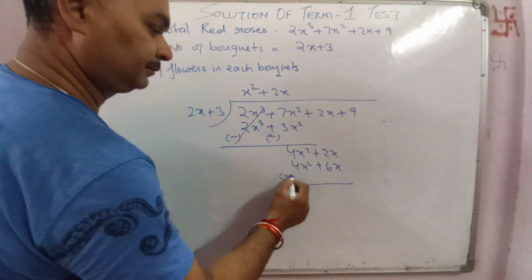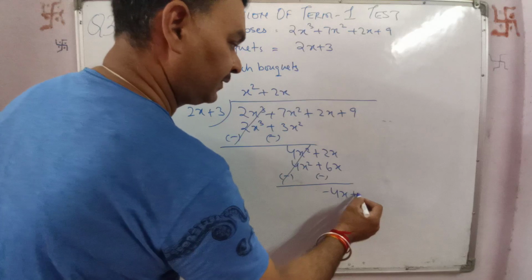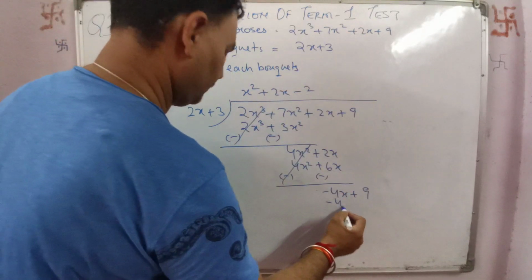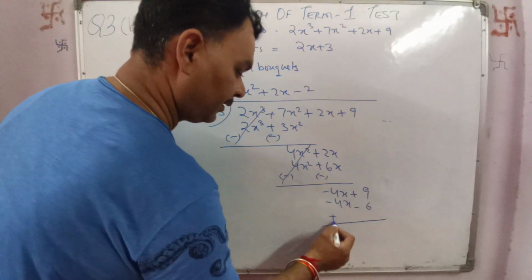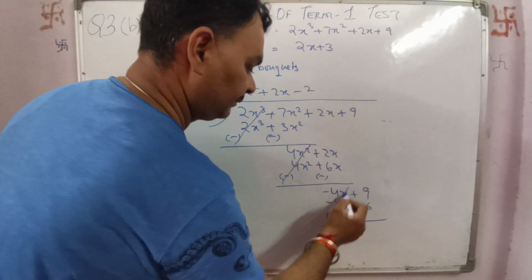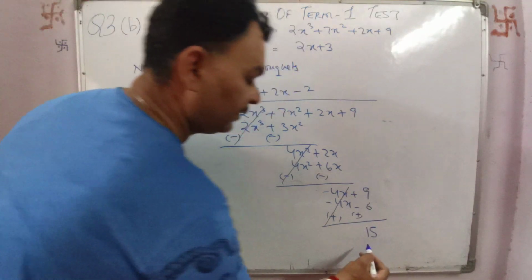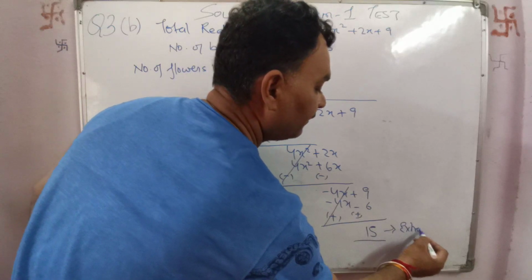Again, now we have minus 4x plus 9. That will give you minus 2, so minus 4x minus 6. Minus 4x plus 4x cancels out, 9 plus 6 is 15. So he has 15 extra flowers.